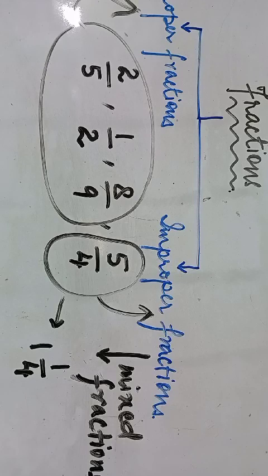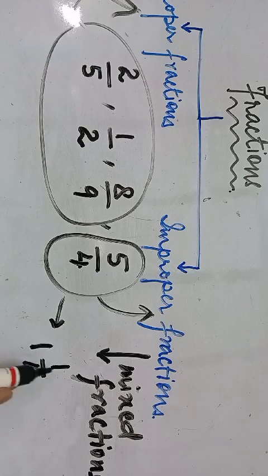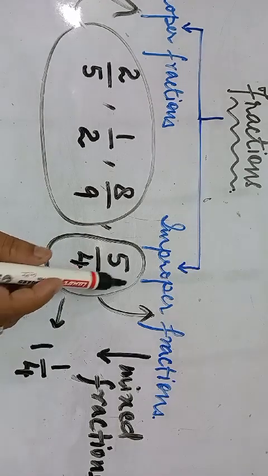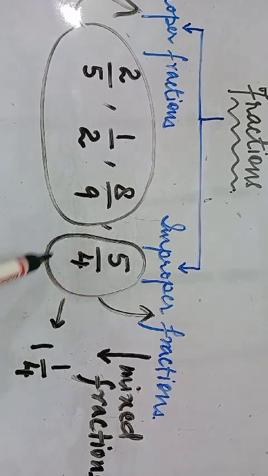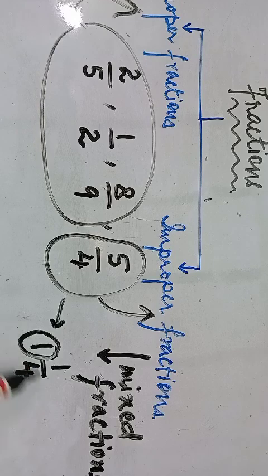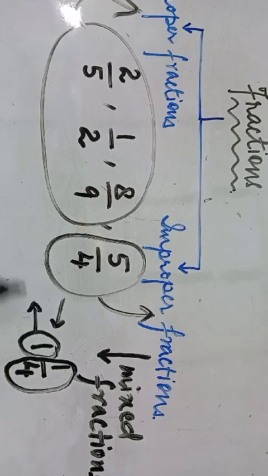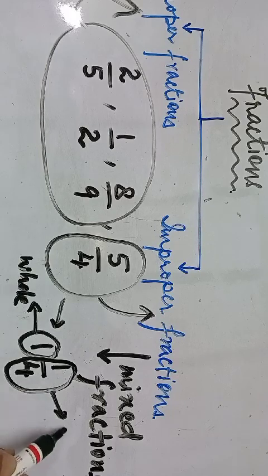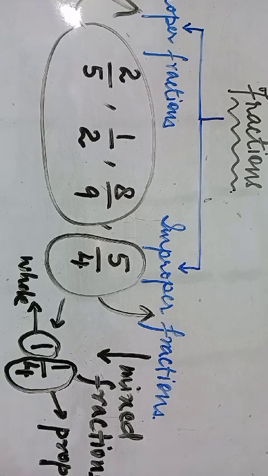Okay, so essentially what you have is 1 whole 1 by 4, because 4 into 1 is 4 plus 1 is 5 upon 4. So essentially we are expressing the improper fraction in another way of writing the number, in which a whole number is written separately followed by a proper fraction. So you see, this one is a whole number, whereas 1 by 4, you can naturally see that this is a proper fraction.